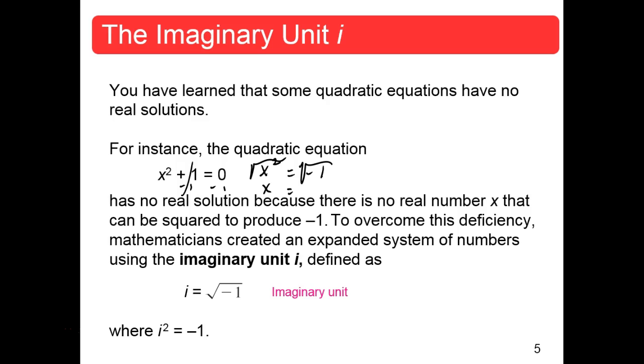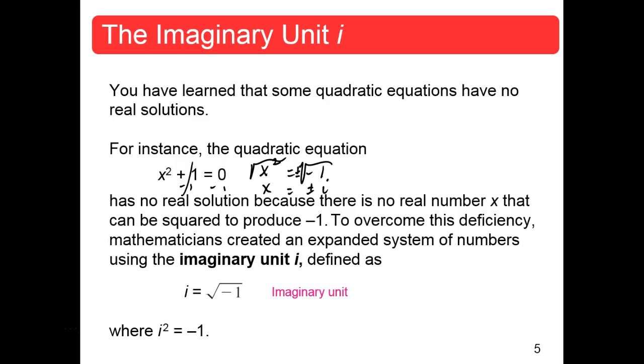The imaginary number i. And actually, this answer is not just i. When you take a square root of both sides, you have to do a plus or minus. That'll be plus or minus i. Those are your solutions, because if you put in a minus i there and square that, minus times minus is plus, and i times i is i squared.